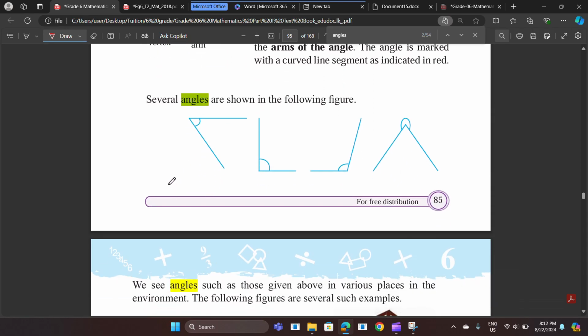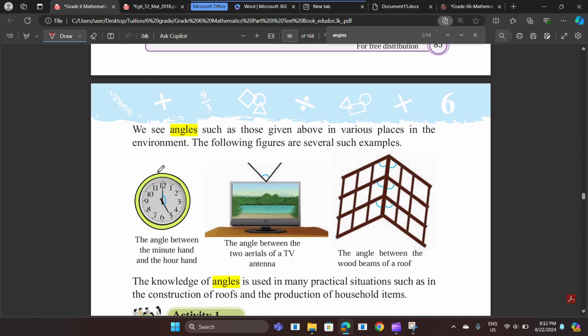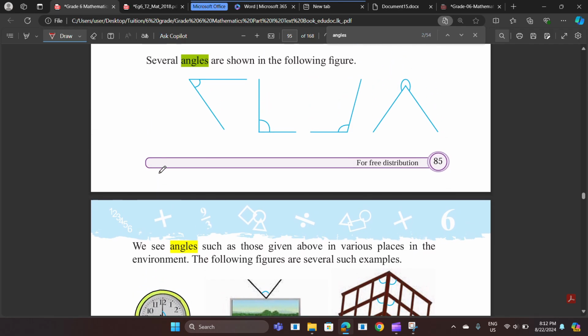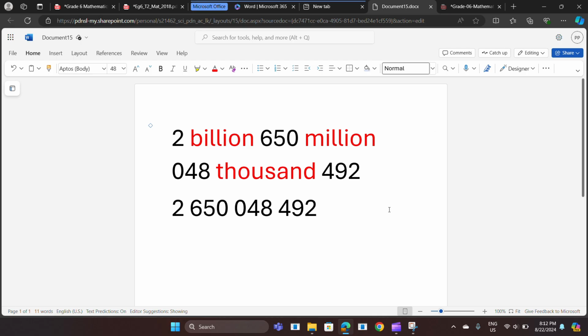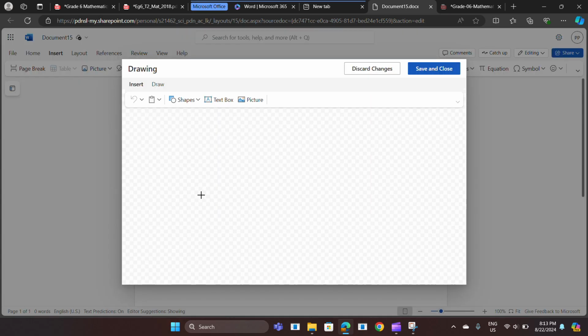There are different types of angles that we can see in our day-to-day life also. Let's identify what they are. First, can you see?